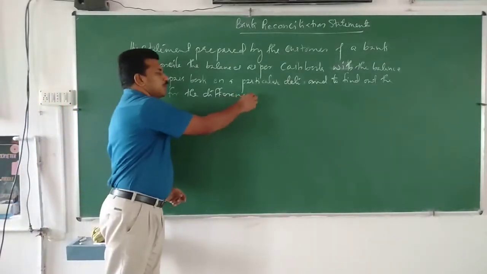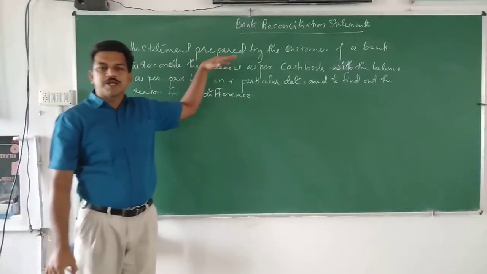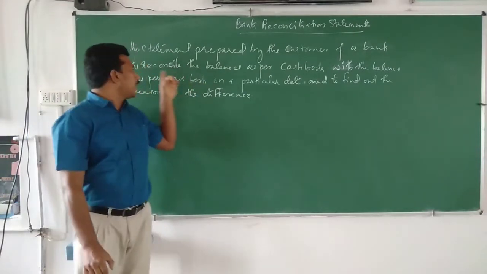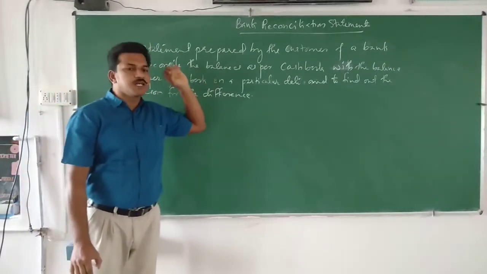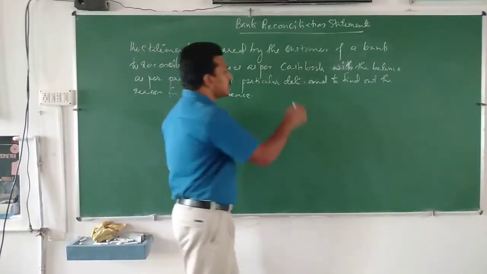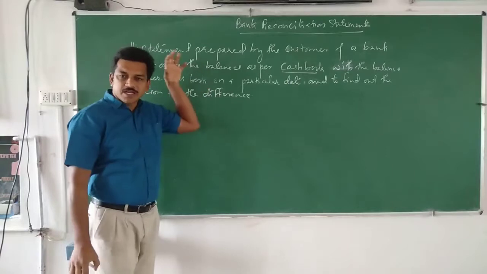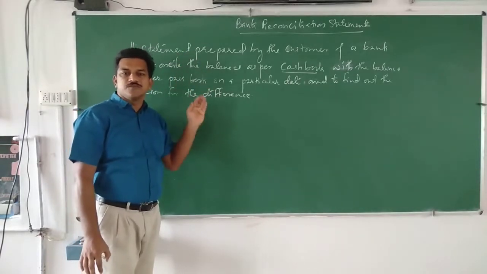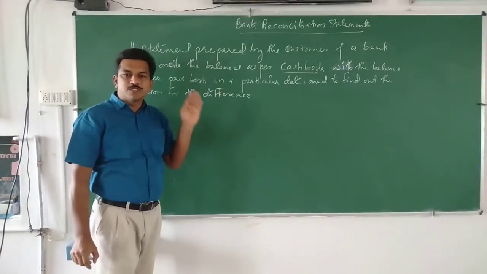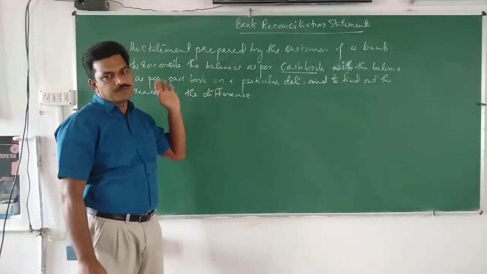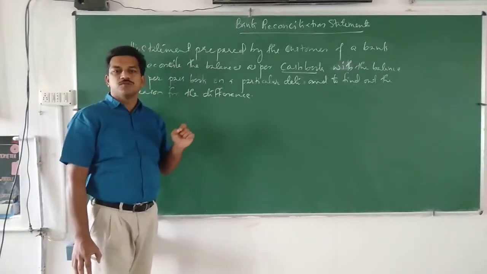Okay, so this is a statement prepared by the customer of a bank to reconcile the balance as per cash book. Here in this chapter, wherever we say cash book, it means the bank column of a double column cash book.